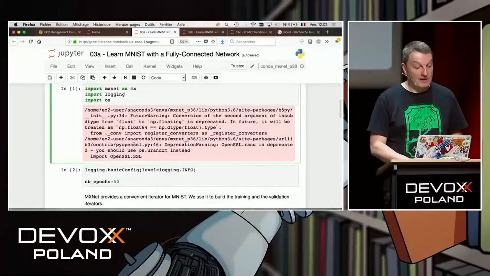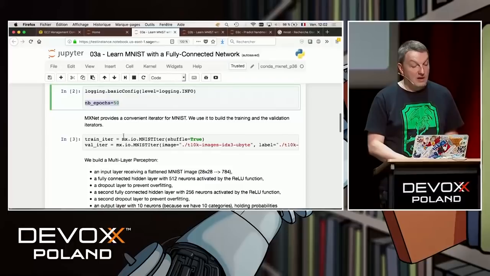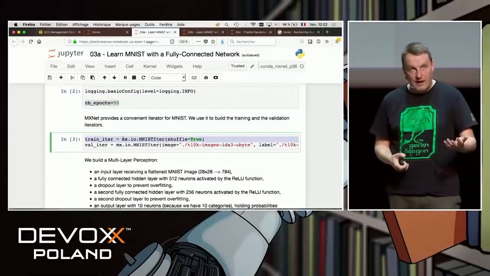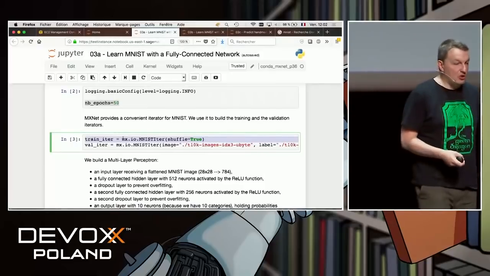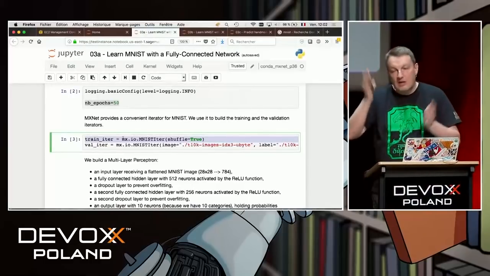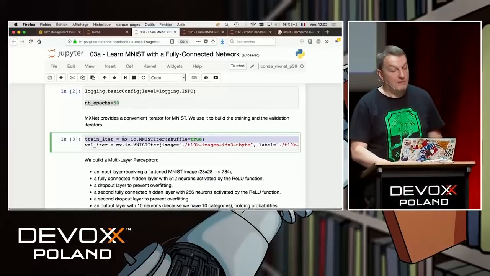I'm going to import MXNet. I want to train for 50 epochs. I'm going to use an iterator to load the data set from the files. The iterator will slice that data set into batches automatically for me, so I don't have to slice it into pieces and pass that to the model.